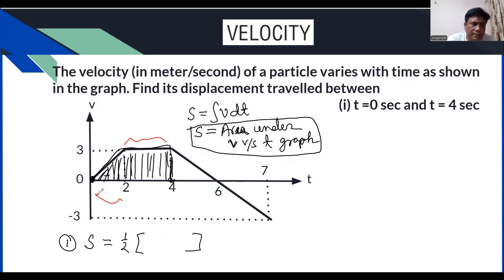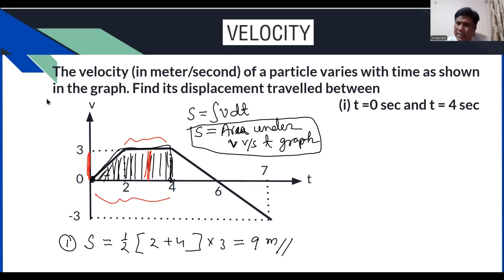So it will be 2 plus 4, into the separation between the two sides, which is nothing but 3 only. So the answer is 6, 3, 9. 9 meter is the answer.